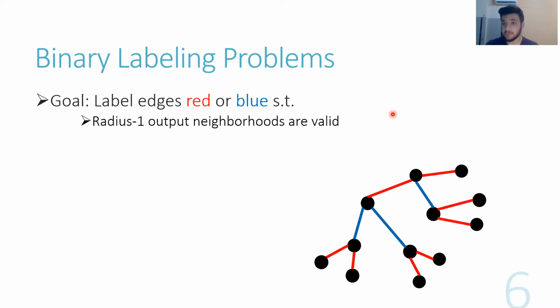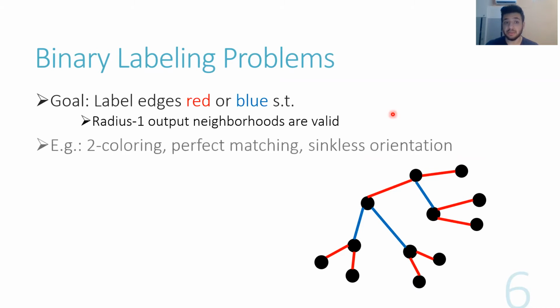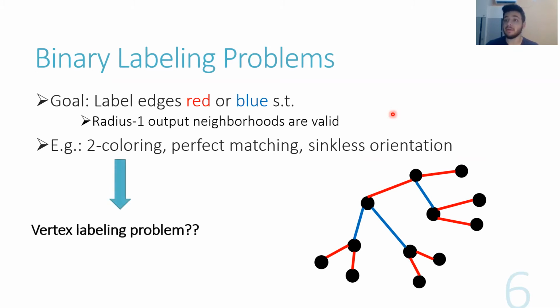Some examples of such problems include two coloring, perfect matching, and synchronous orientation. Now you might think it odd because two coloring is a problem where we need to label vertices and not edges. I will elaborate on that later.